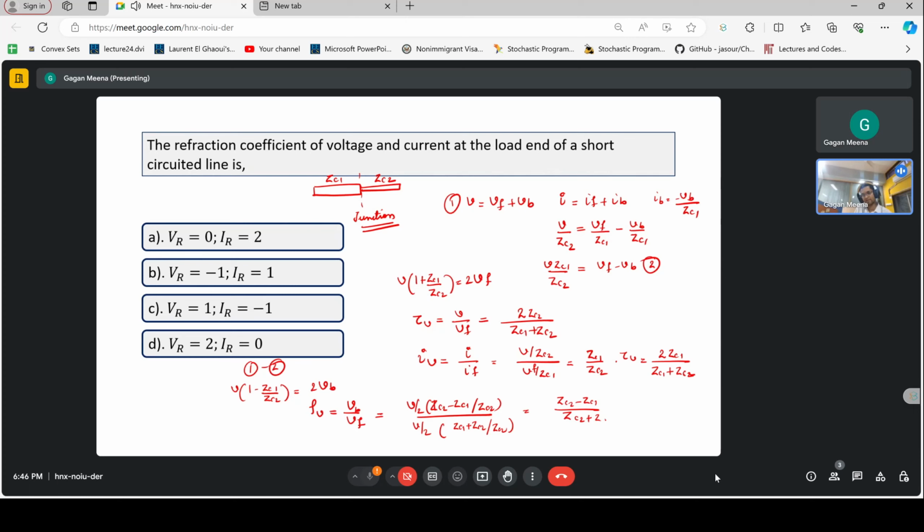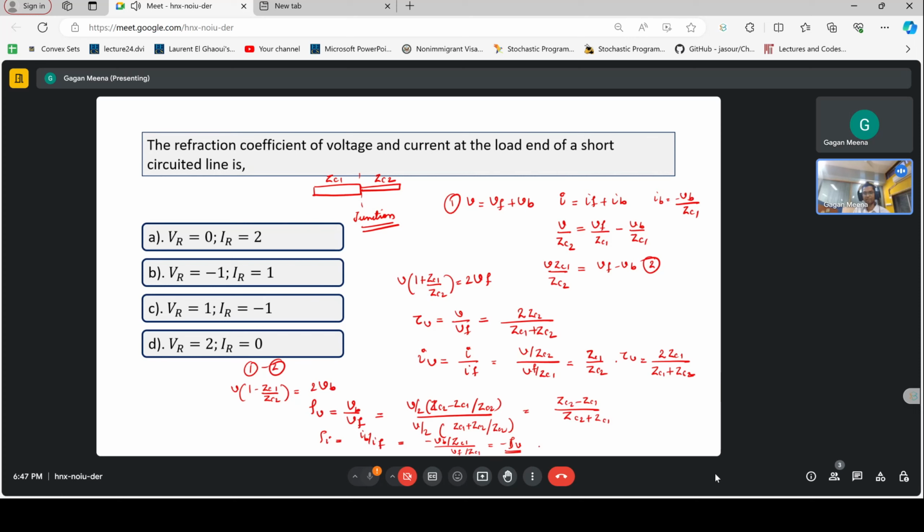So here the question is the refraction coefficient or transmission coefficient of voltage and current at the load end of a short circuited line. So in this case ZC2 is 0. If we substitute 0 here, this becomes 0.